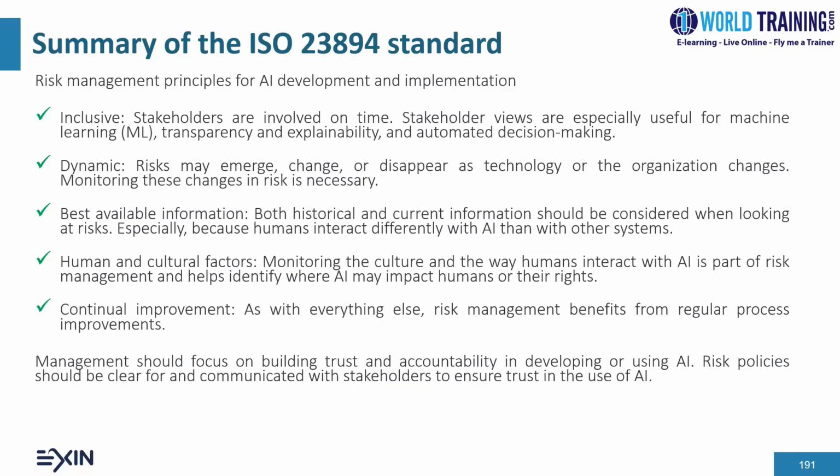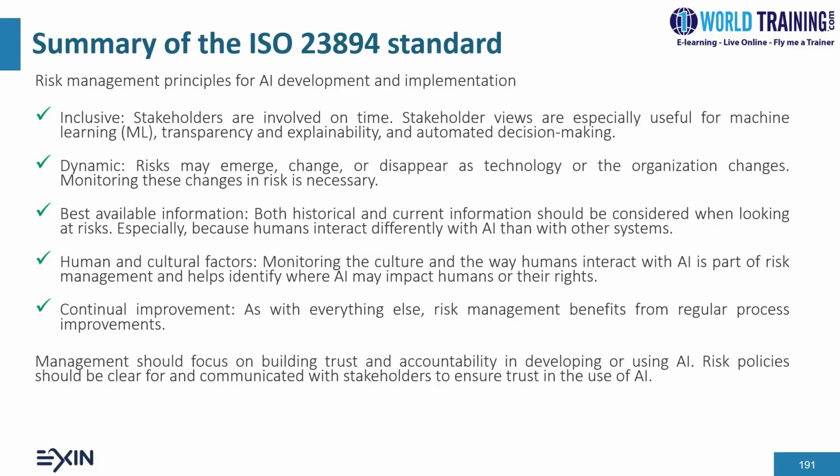The best available information: both historical and current information should be considered when you are looking at the risks, especially because humans interact differently with AI than with other systems. Human and cultural factors: monitoring the culture and the way humans interact with AI is part of your risk management framework.